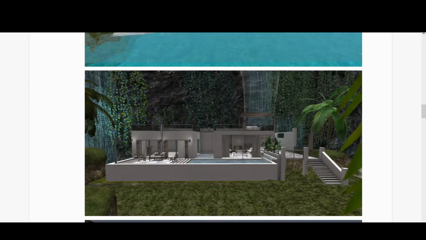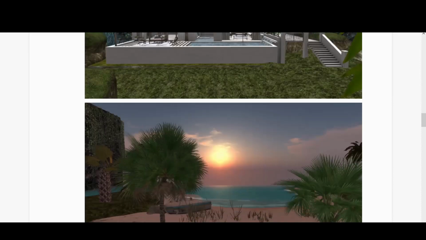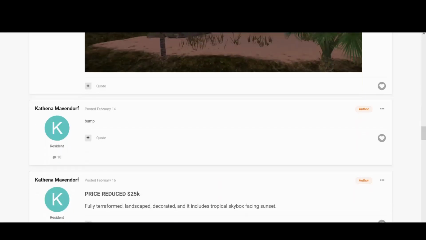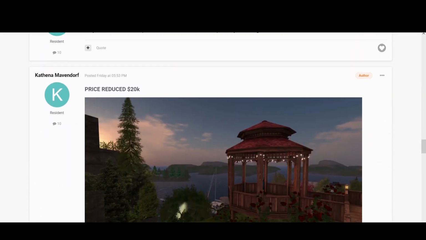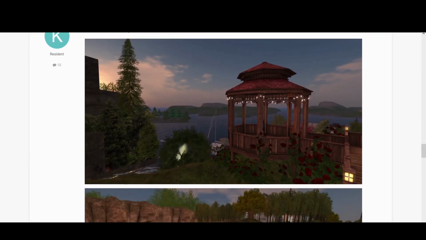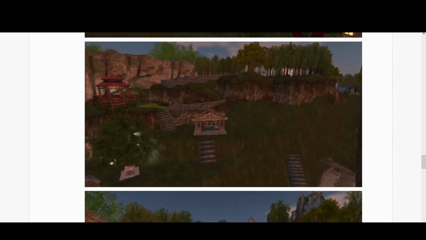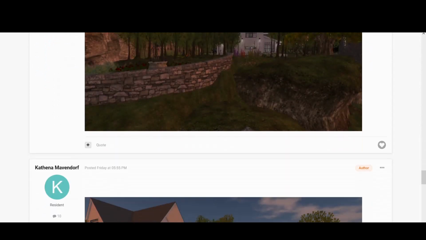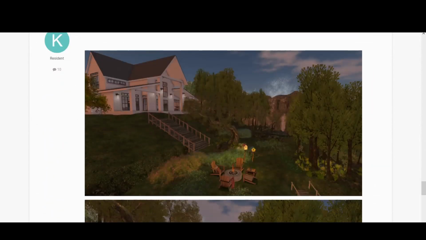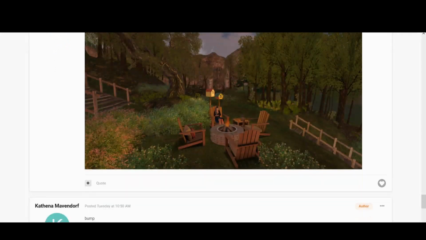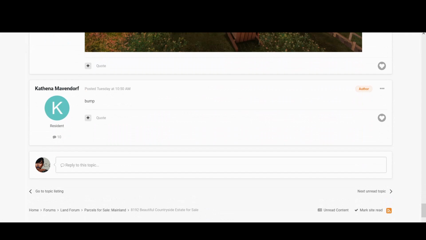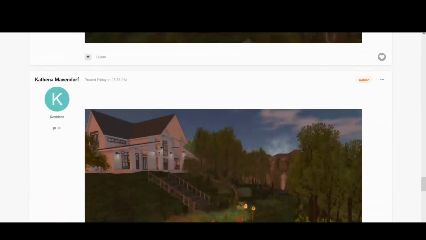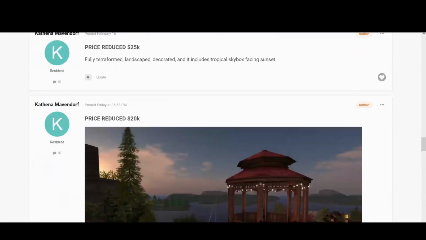Plenty of pictures with this, so before you even go and look at it, you have an idea of what you're going to expect to see. Let's go and look. And again, this is a good way to see what's around you.